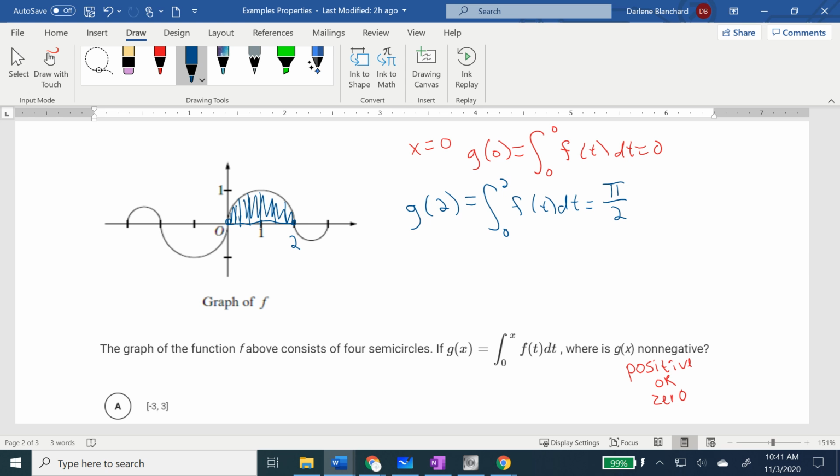What you want to realize is while I sit here at x equals 2 for the g of x function, my value is positive pi over 2. So as I move forward from there, I am subtracting from pi over 2, but I'm positive.